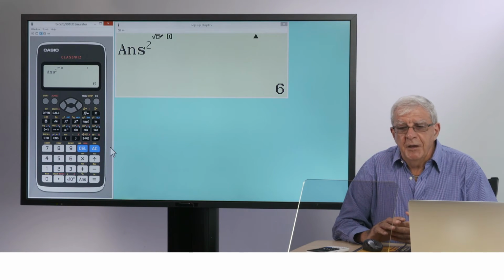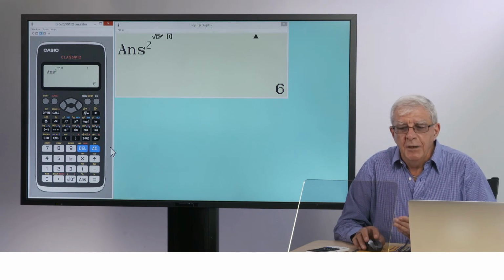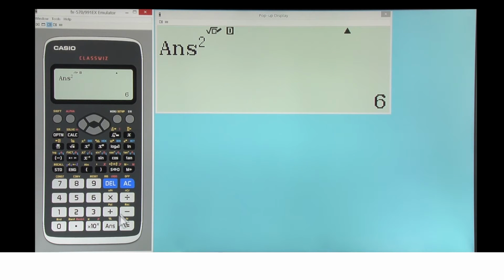Students can be challenged to think about fractional powers such as 8 to the power 1/3. What could be the meaning of 8 to the power 1/3?